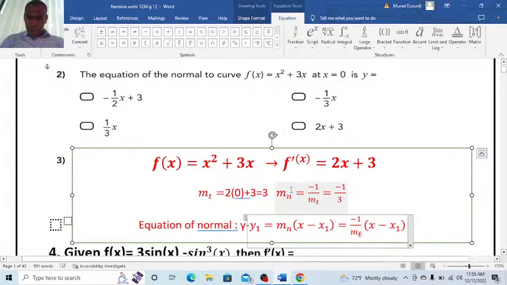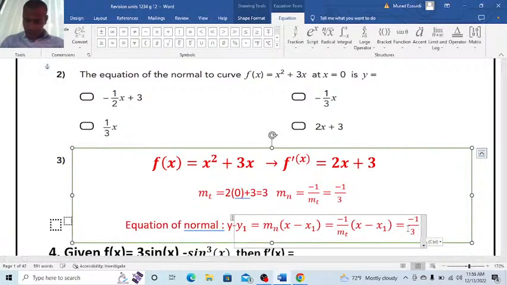Therefore minus 1 over mt is equal to minus 1 over 3. So this one, my learners, should be equal to minus 1 over 3 multiplied by x minus x1.